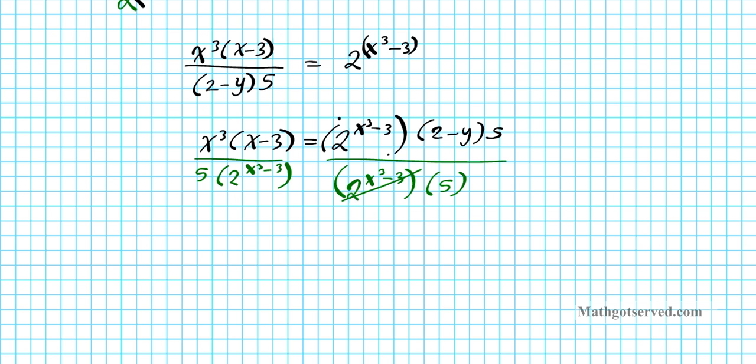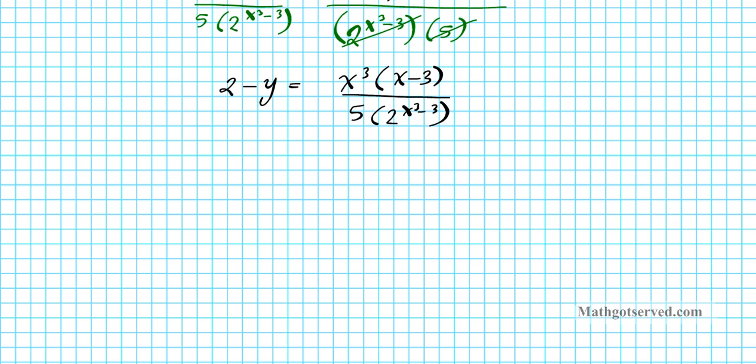So this divides out. Okay, and then we're going to have 2 minus y equals x to the third times x minus 3 over 5 times 2 to the x to the third minus 3. And then we can add 2 to both sides and then multiply by negative 1, and that will finish the problem up for us, okay?